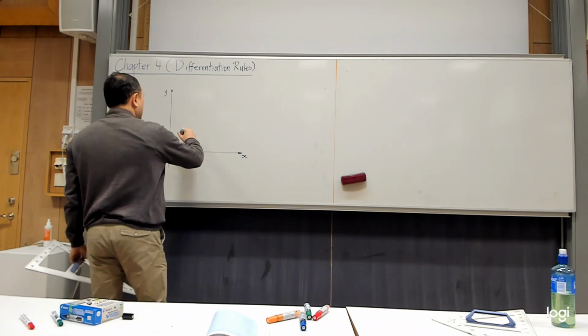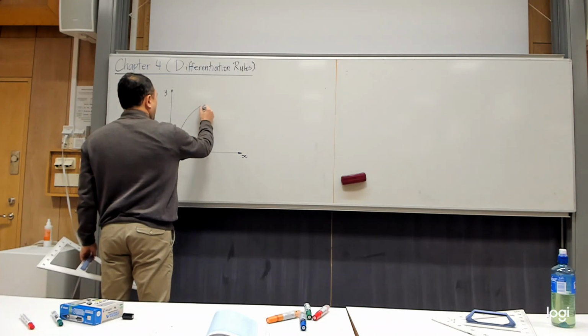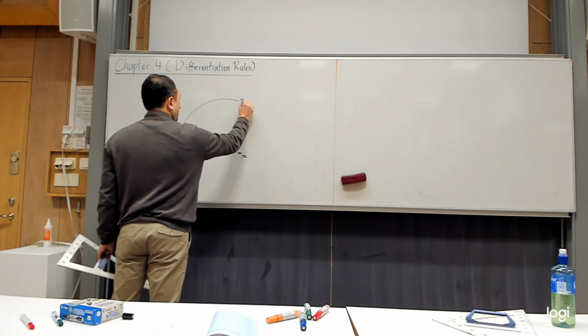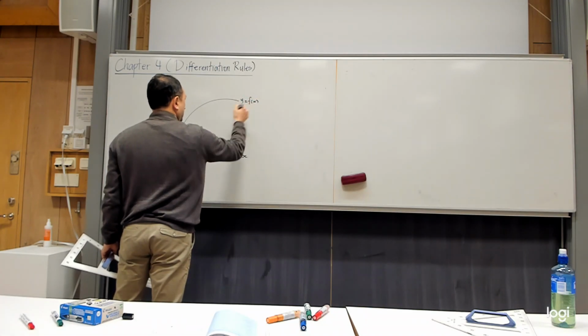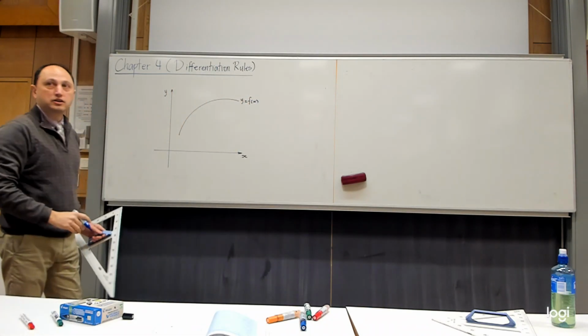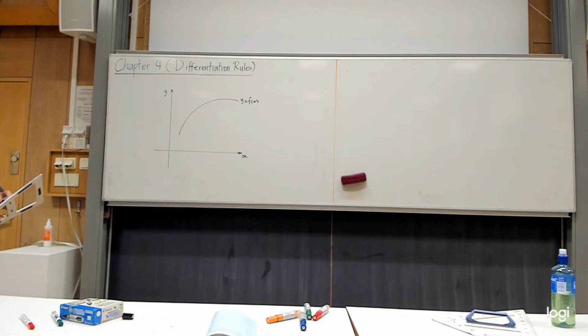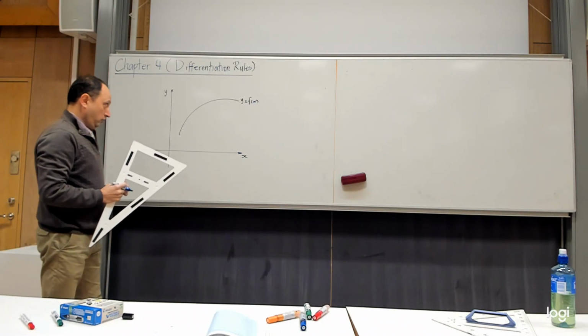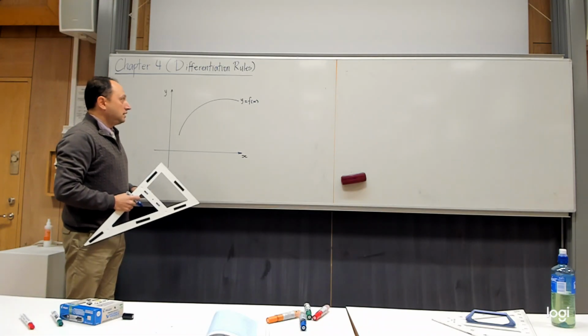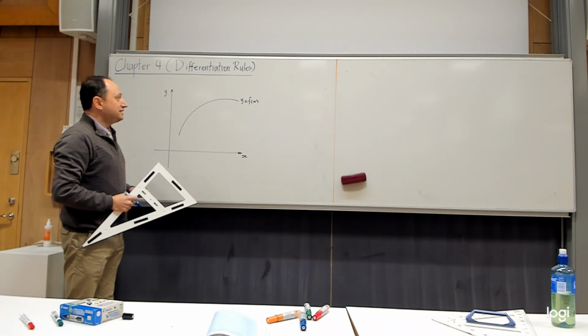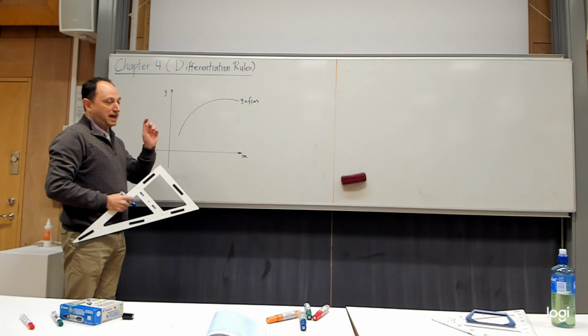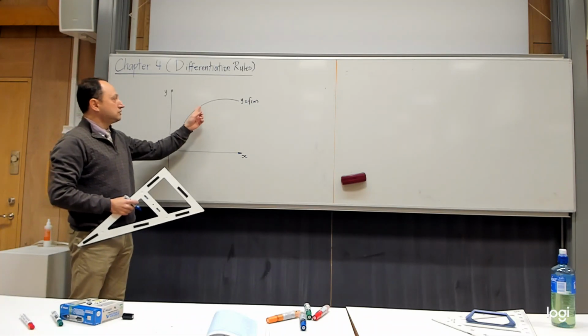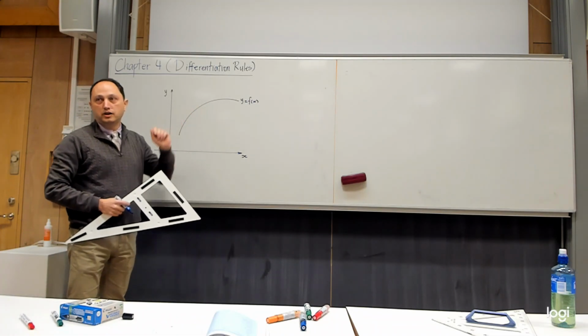Assume that I have a curve, the graph of the function you have in mind. The problem Leibniz was interested in was finding an equation for the tangent line to the graph of this function at some point on it.